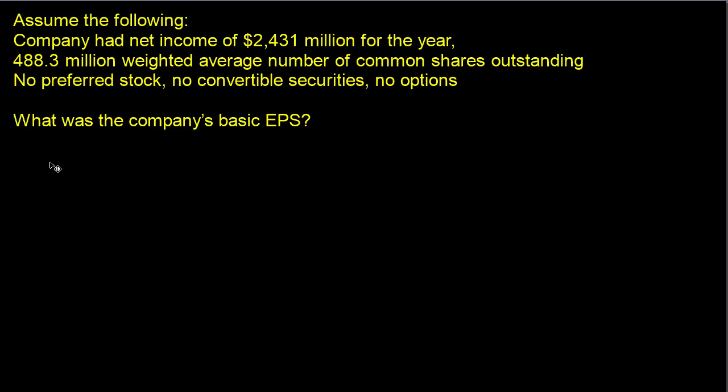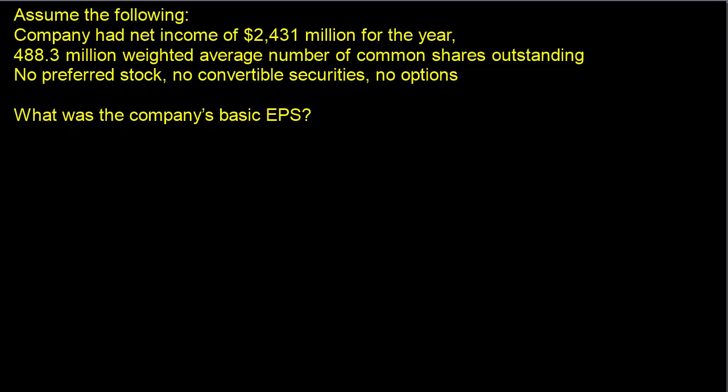So the way we get this calculation is we start off with net income. Let me get to the pen. We start off with net income and we subtract out the preferred dividend. Now, we don't have any preferred dividends in any part of this problem.